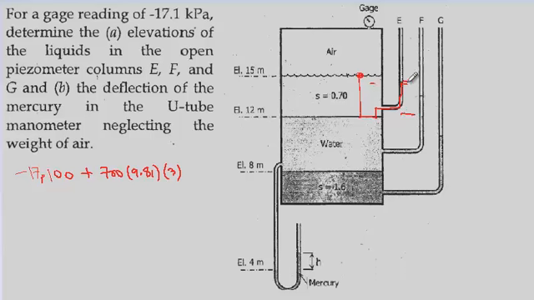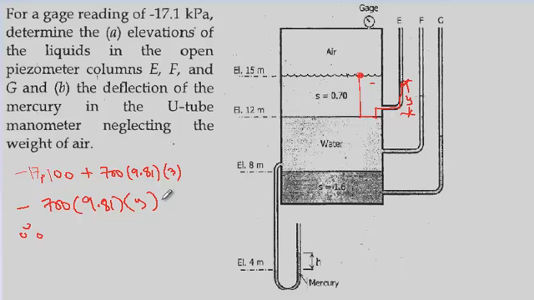What is this height? We call this height y. What is that height? Well, when we go up, it will be minus rho, which is 700, times 9.81, going up by y. You don't know y, so from here you can solve for y.